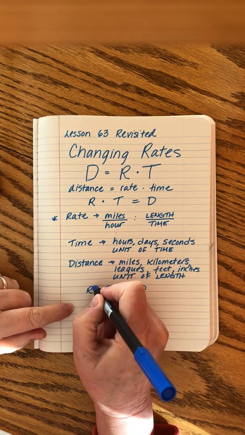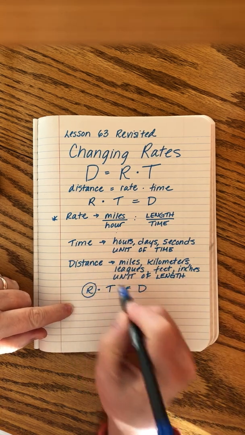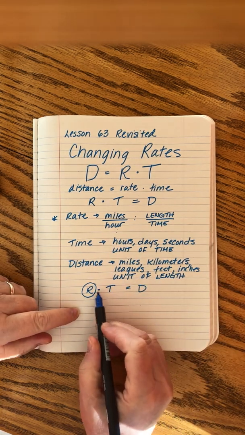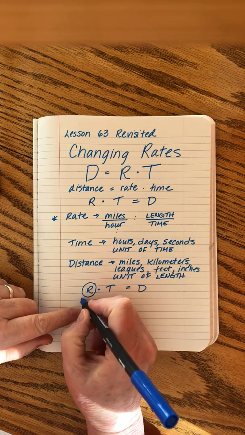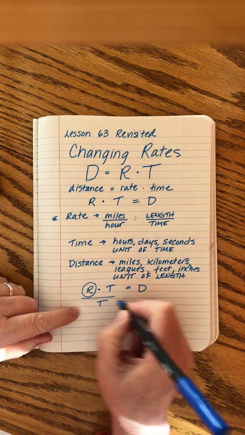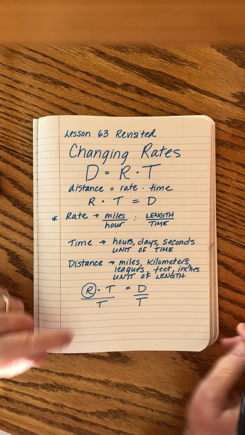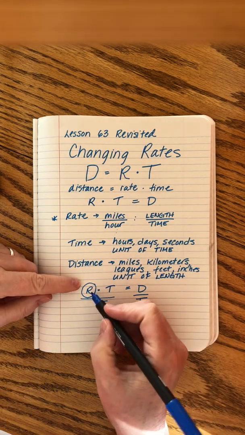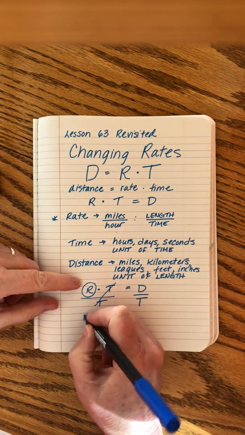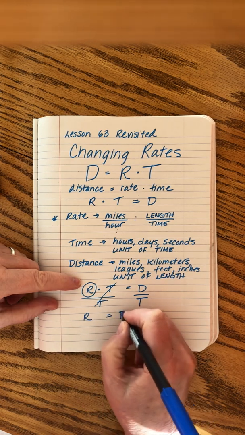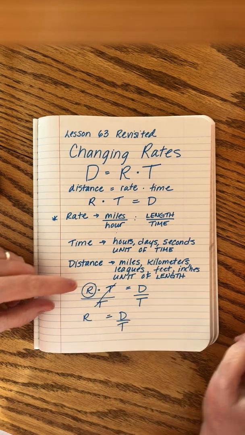So I want to solve this equation for r, and so I have to get rid of this t. T is being multiplied by r, so I'm going to divide both sides by t. Right? Now, these cancel, and I get rate equals distance over time.